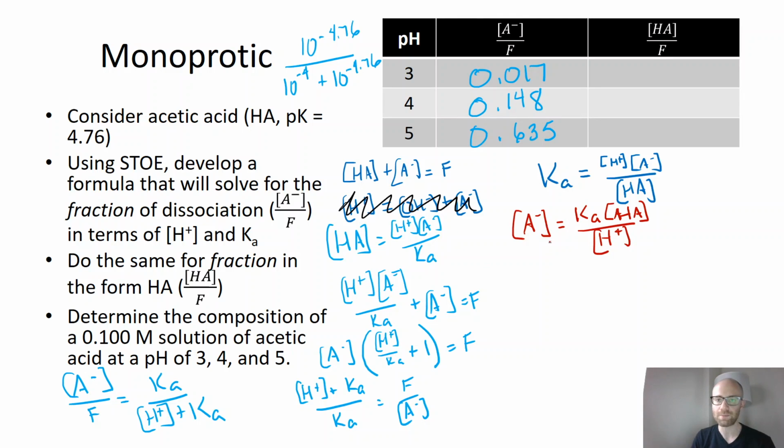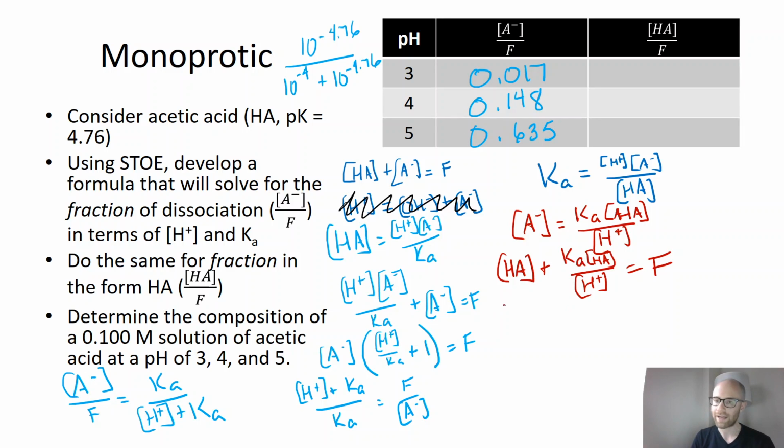If we were to plug this back into our mass balance, what we get is HA plus Ka times HA over H plus equals F.